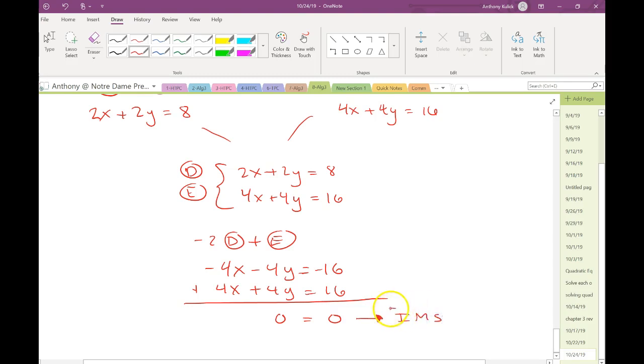Says we have infinitely many solutions. But we had talked about this, and we had said that infinitely many solutions, that description by itself is not going to be sufficient for us. We'd like also a description of how to find those infinitely many solutions.